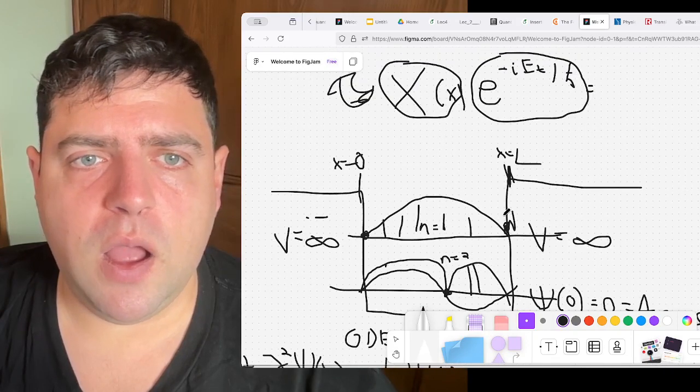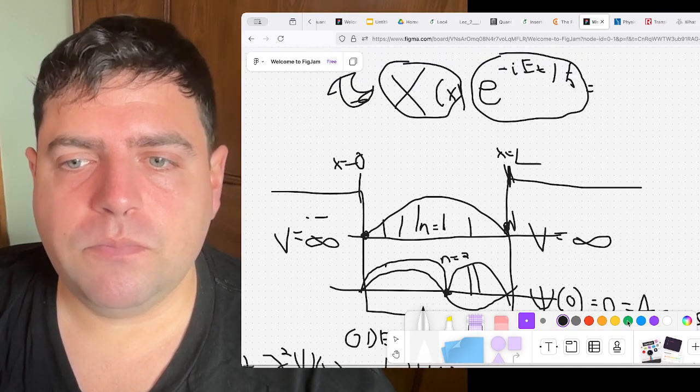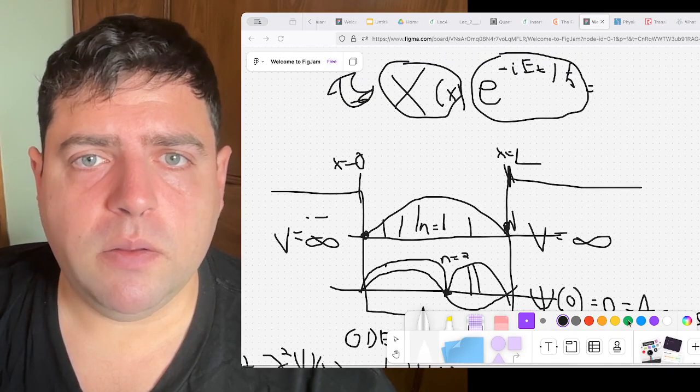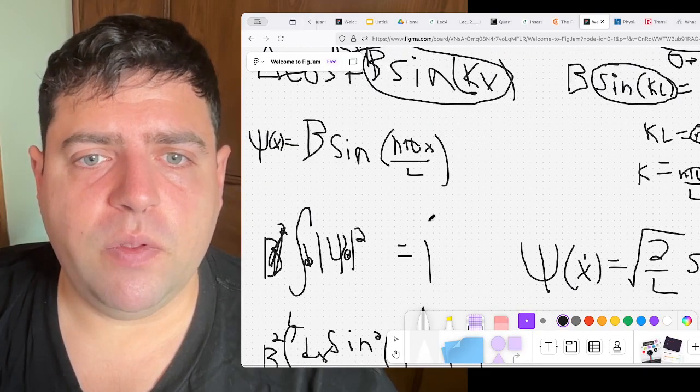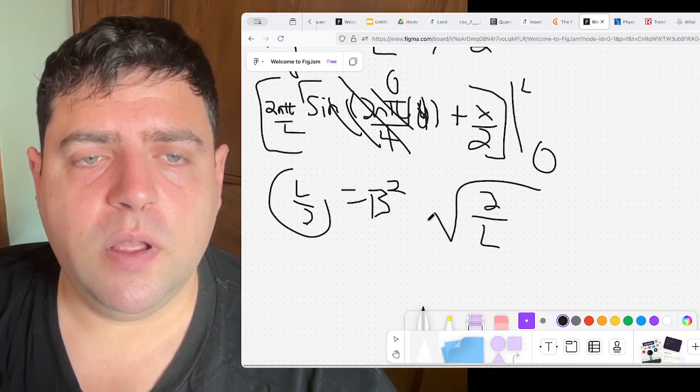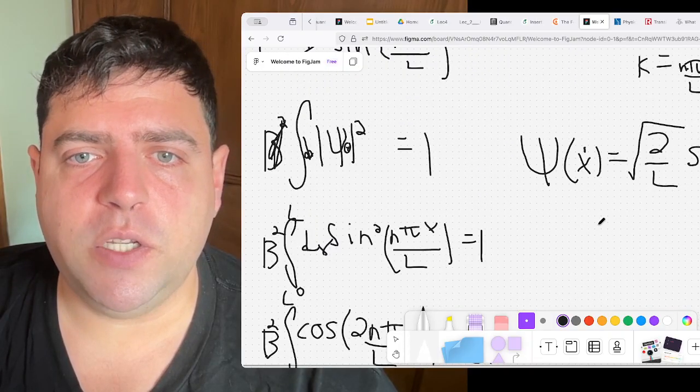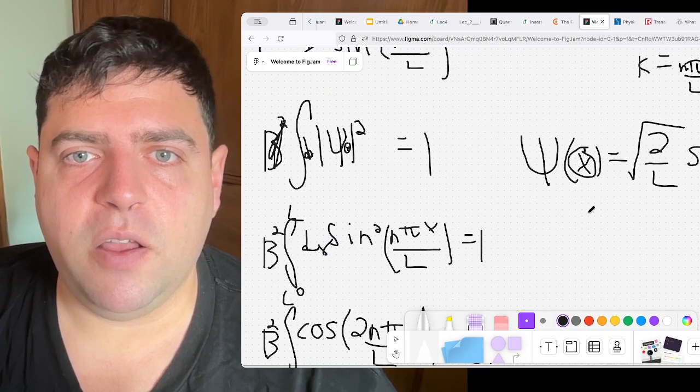Yeah, pretty cool, right? Now, when we get to quantum computing, just a little segue here, we're not going to be worrying about this continuous variable.